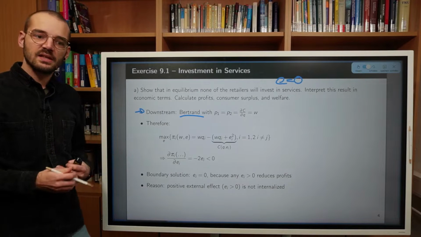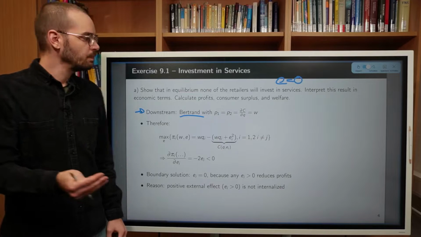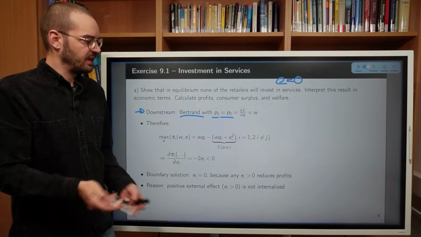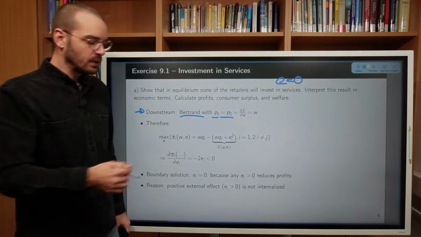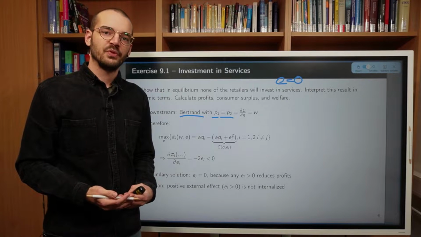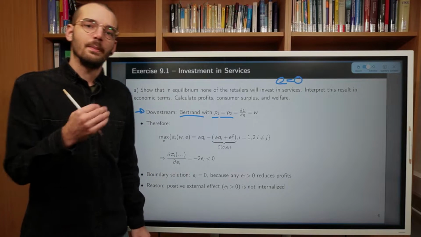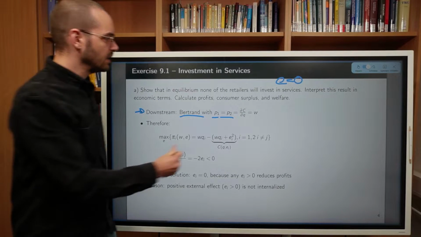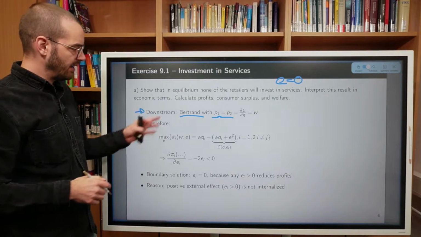So this means that from the perspective of the retailer, the price in the market, P, is first of all the same for both, so P1 equals P2, and second of all, this price equals the marginal costs. From the point of view of the retailer, of course, the marginal cost is the wholesale price W.